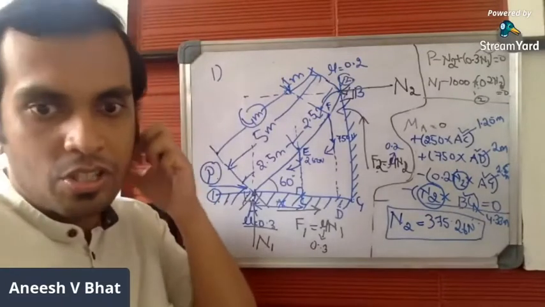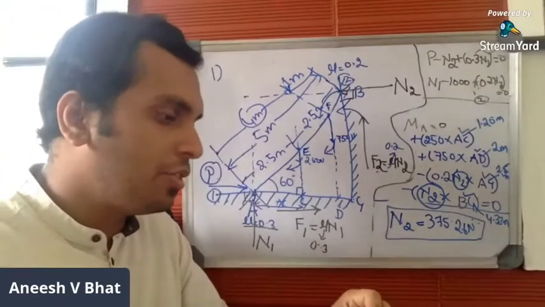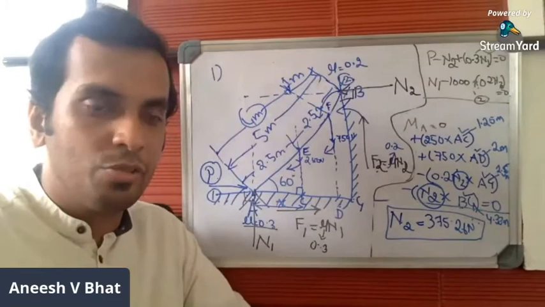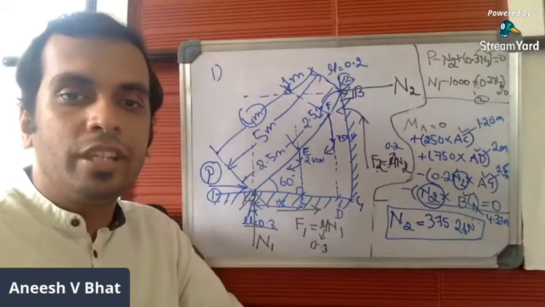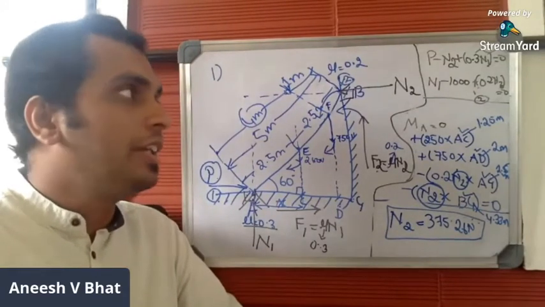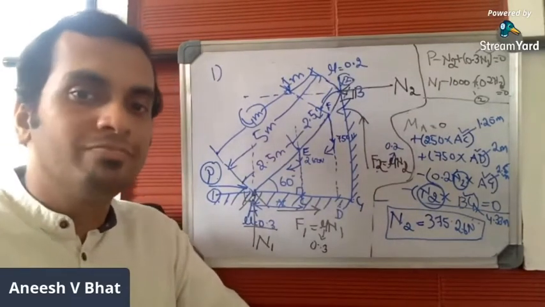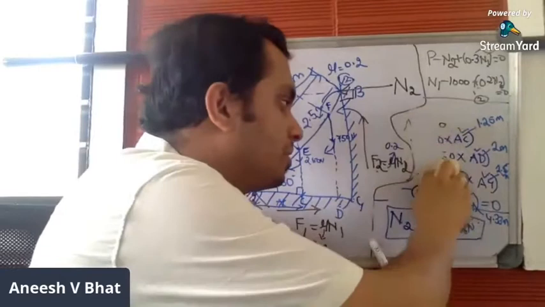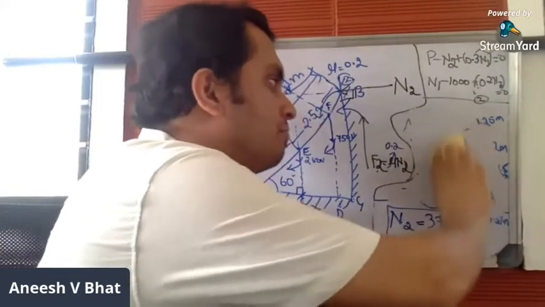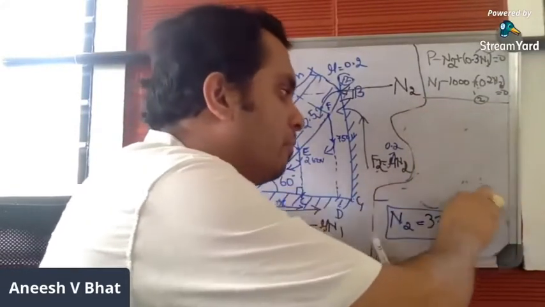Once you get the value of N2, substitute the value of N2 in equation 2 to get the value of N1. So we got the value of N2 by finding the moment.